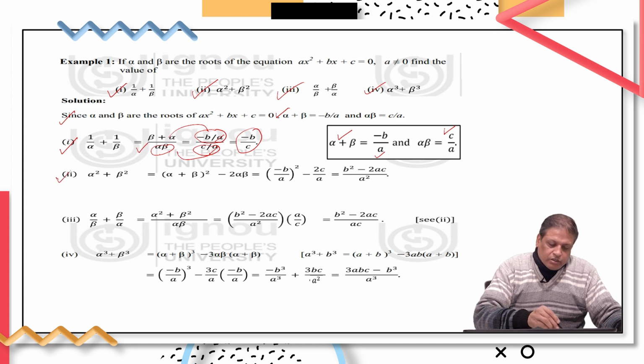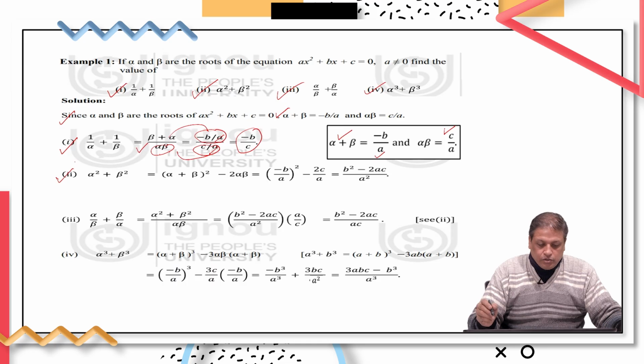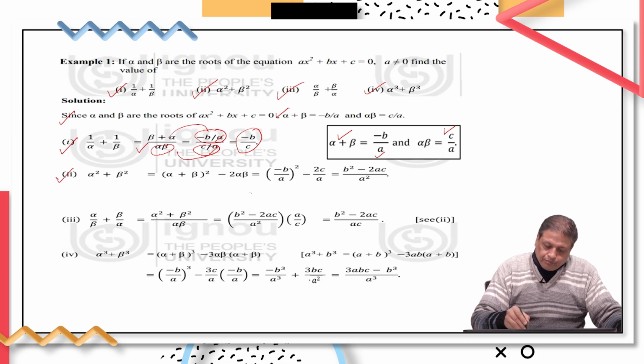Similarly, let's go for the next part, alpha square plus beta square. Such types of questions are very much asked in continuous evaluation and in term examinations also. You need to practice it. You just need to remember the identities and apply them. Over here, we are applying the identity a plus b whole square is equal to a square plus b square plus 2ab.